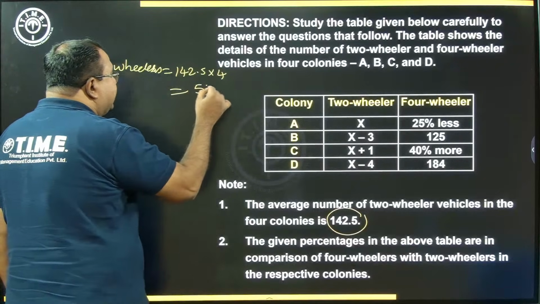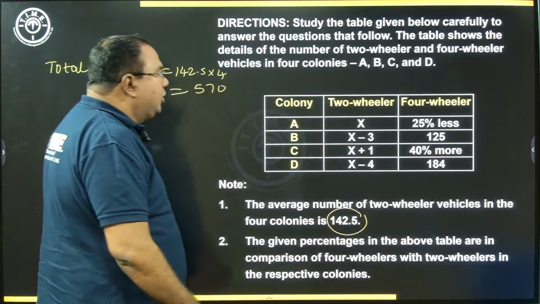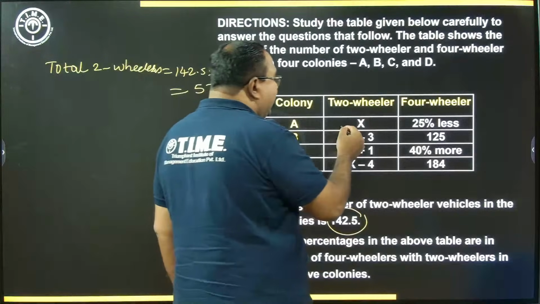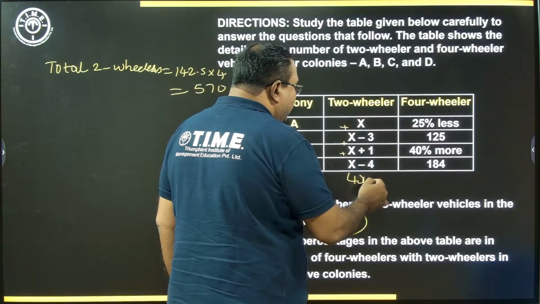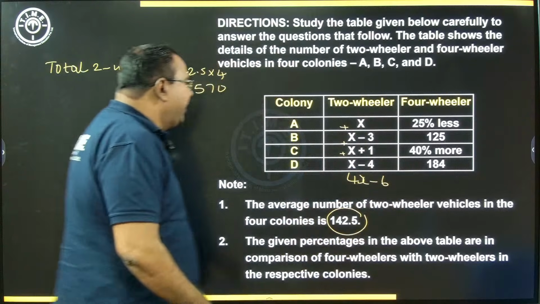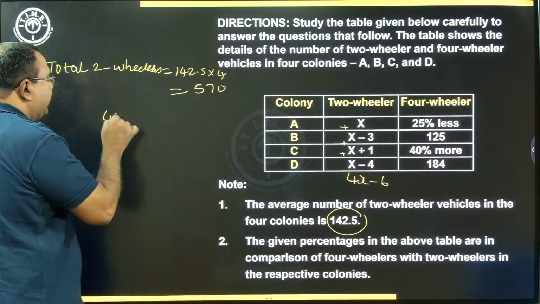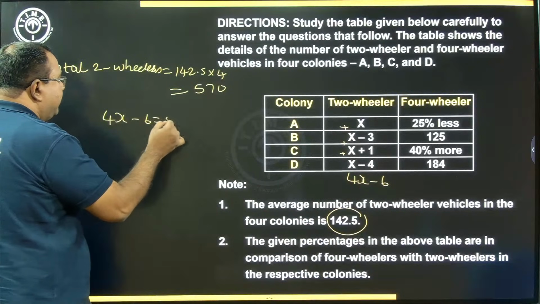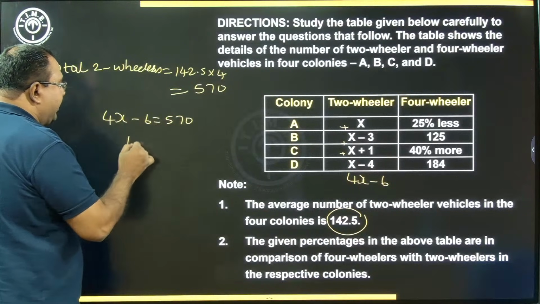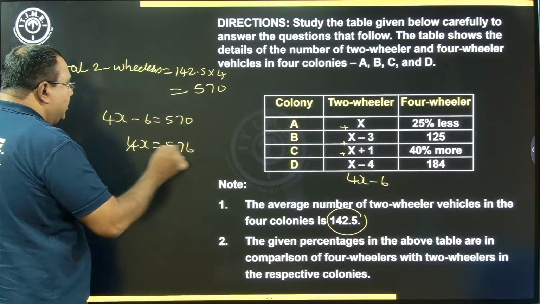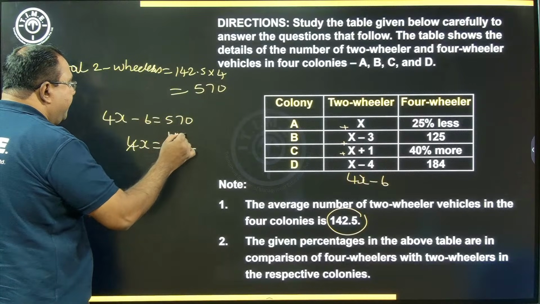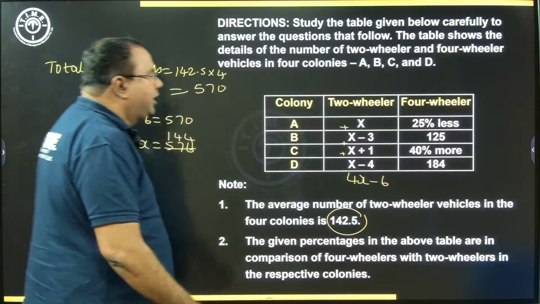So 570. Now if I add, total two-wheelers are 570. It will be 4x minus 6. So 4x minus 6 must be equal to 570. So 4x is equal to 576. So x has to be 144.